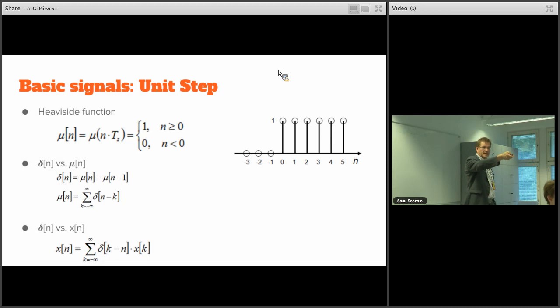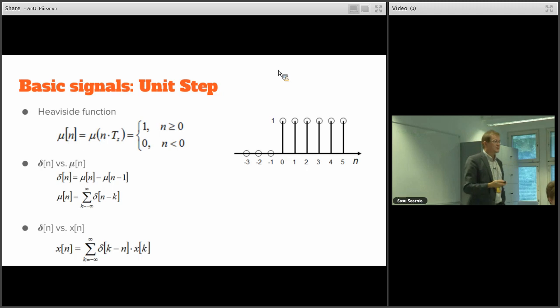Okay, then there's the delta function versus any signal x of n. This basically says that you can describe any arbitrary signal as a superposition of the signal's different points.